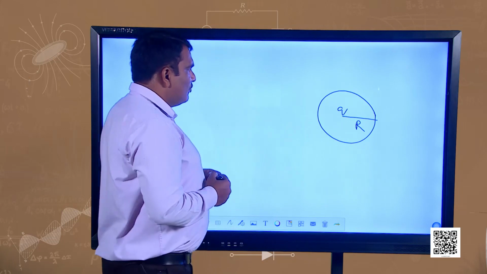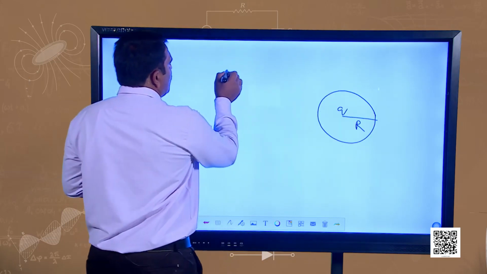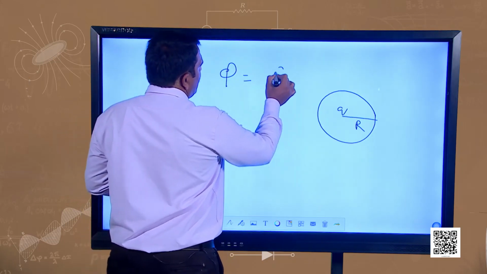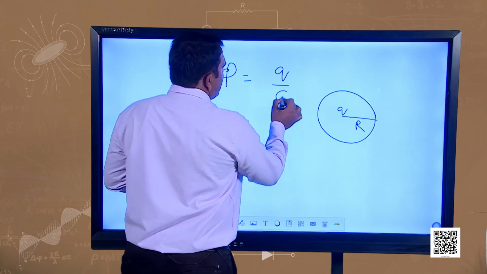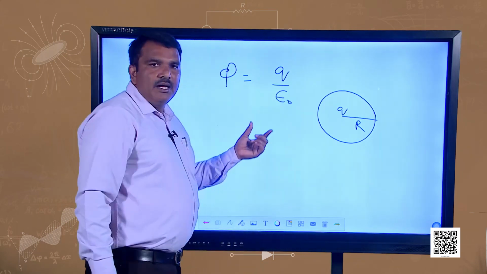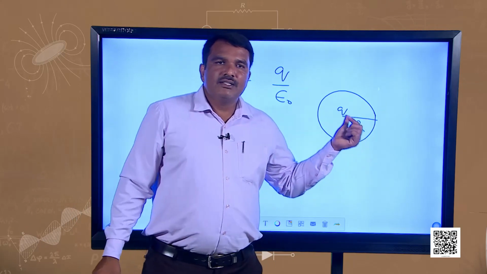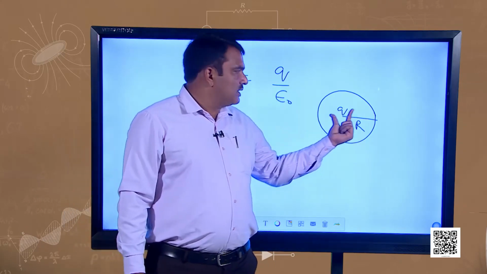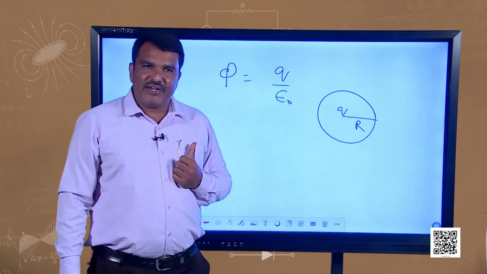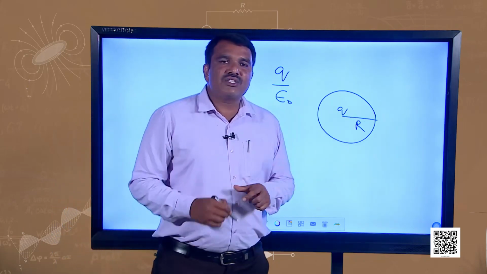Now, you know that the flux passing through this sphere according to Gauss's law is the amount of charge enclosed divided by epsilon naught, and you can clearly observe that this flux does not depend upon the size of the sphere, or you can say the radius of the sphere.